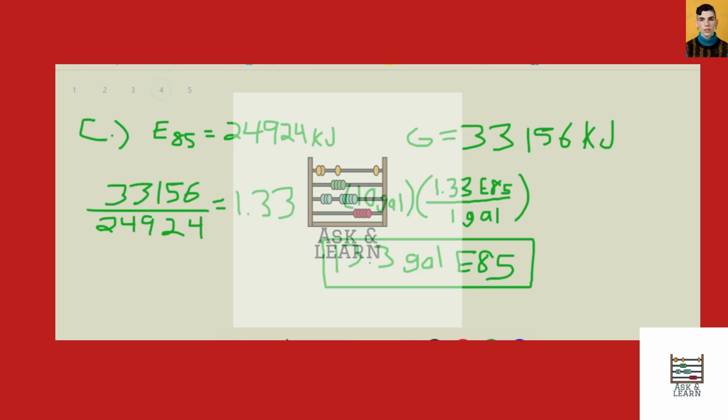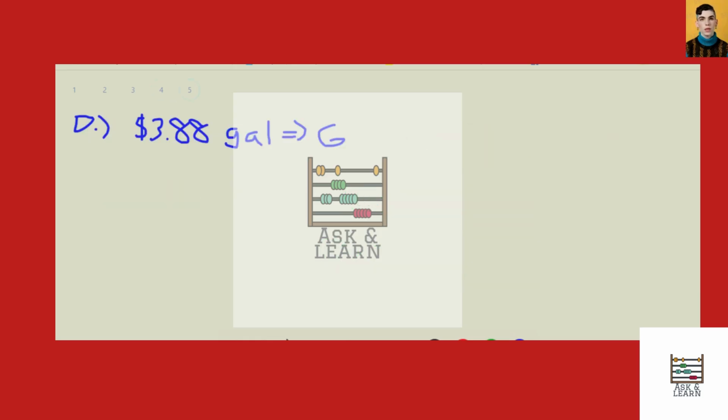So basically, what they want to know is what's the price if we want to produce the same amount of energy with E85 as we do with gasoline. What is going to be the price per gallon?